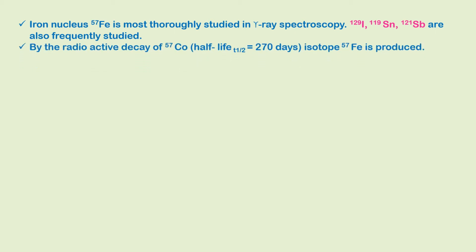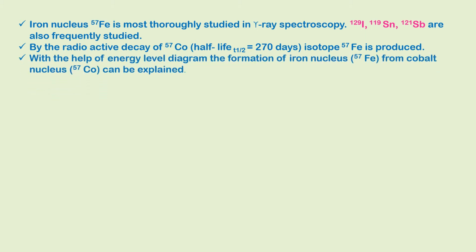By the radioactive decay of 57 cobalt, whose half-life is 270 days, isotope 57Fe is produced. With the help of an energy level diagram, the formation of iron nucleus 57Fe from cobalt nucleus 57 cobalt can be explained.